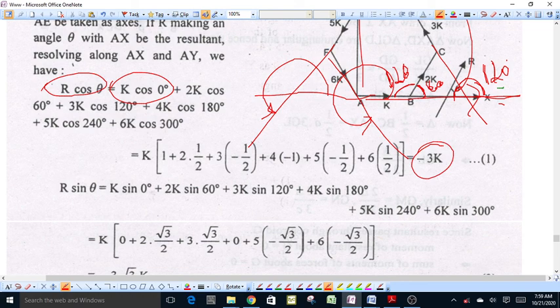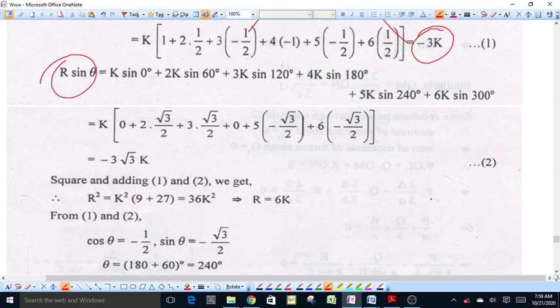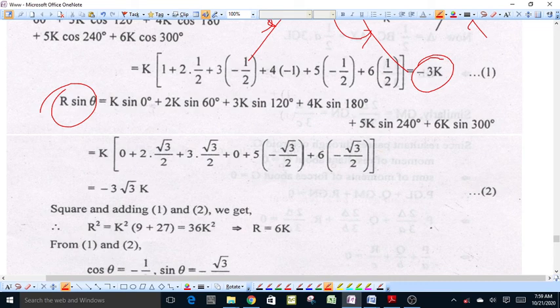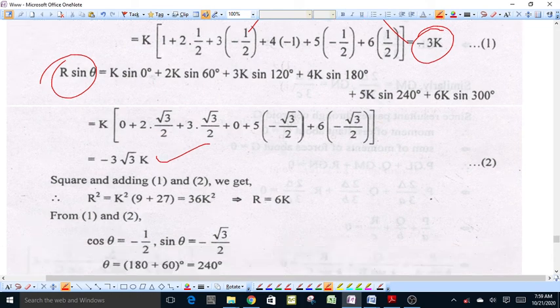Similarly, the y component of all these forces, R sin theta, will be equal to k sin 0 plus 2k sin 60 plus 3k sin 120 plus 4k sin 180 and so on. By putting all these values of sine, we get R sin theta is equal to minus 3 root 3 k, and by squaring and adding we get R square is equal to 36k square, and R comes out to be 6k. Therefore, the relative magnitude of R is equal to 6.